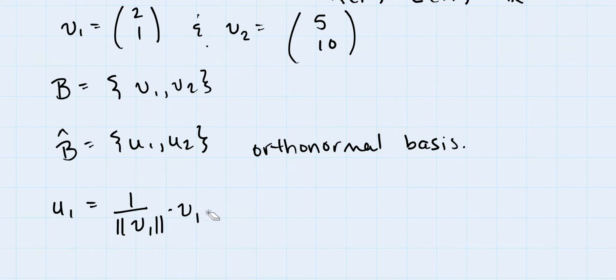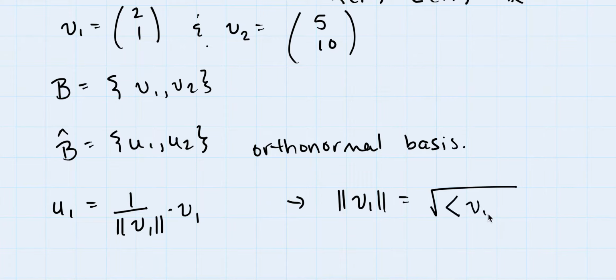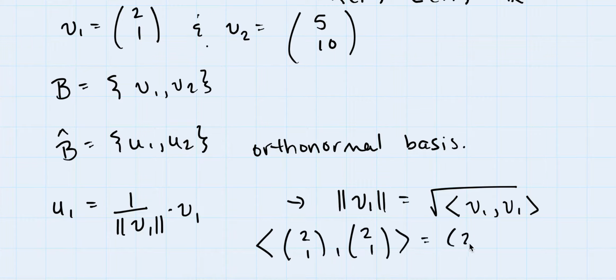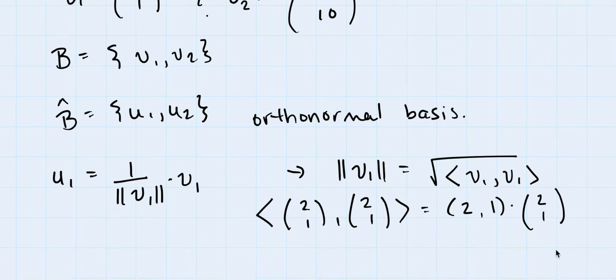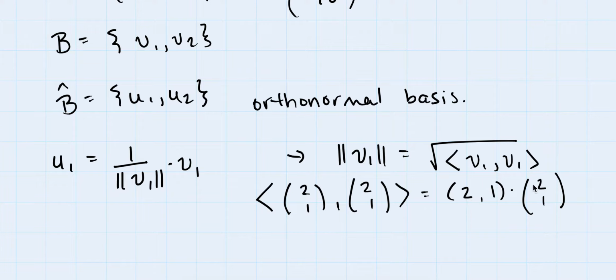The reason I bring that up is because the first thing I need to do is figure out the length of V1. So the length of V1 is the square root of the inner product of V1 with itself. So the inner product of V1, 2, 1 with itself, this is 2 times 2, which is 4, plus 1, so 2 squared plus 1 squared is 5.